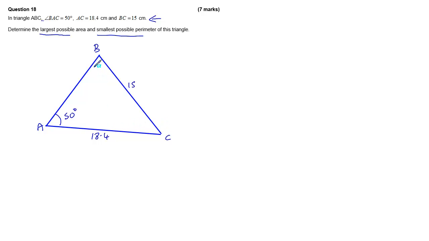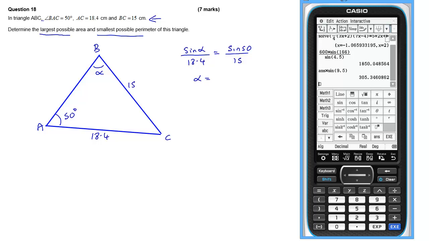So I'm going to try and work out this angle here, and I'll call that alpha. So sine alpha over 18.4 is equal to sine 50 over 15. So let's see what that gives me for alpha. Let's bring in the calculator.